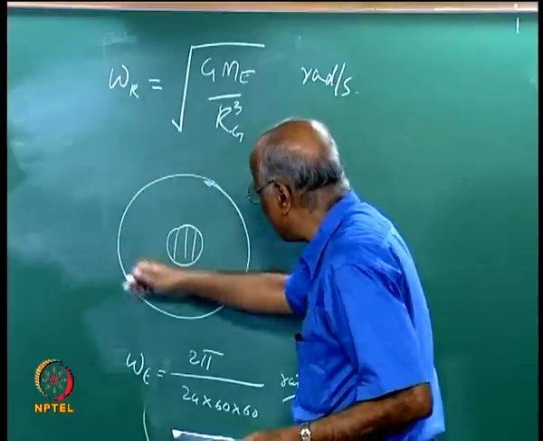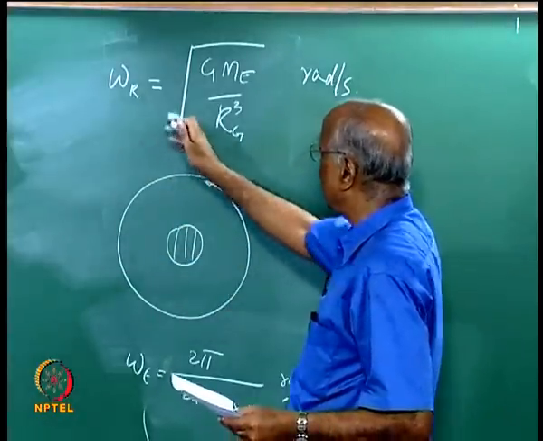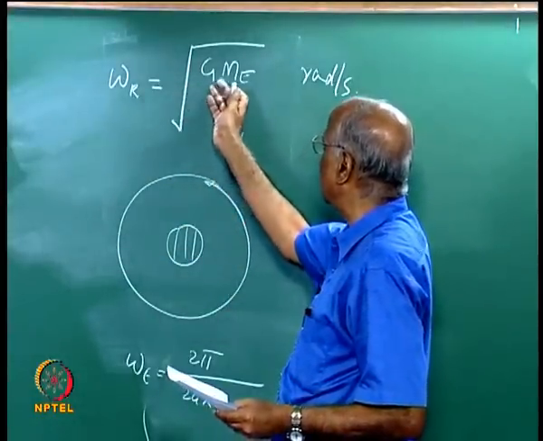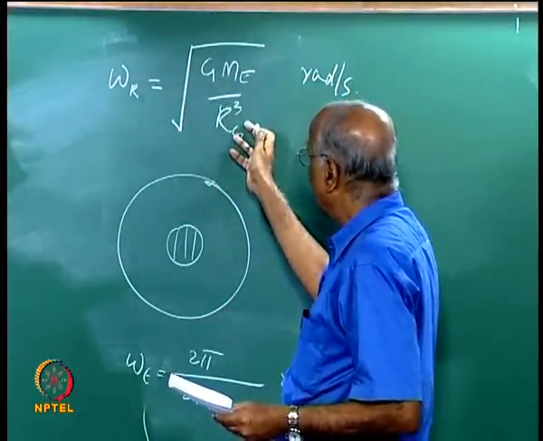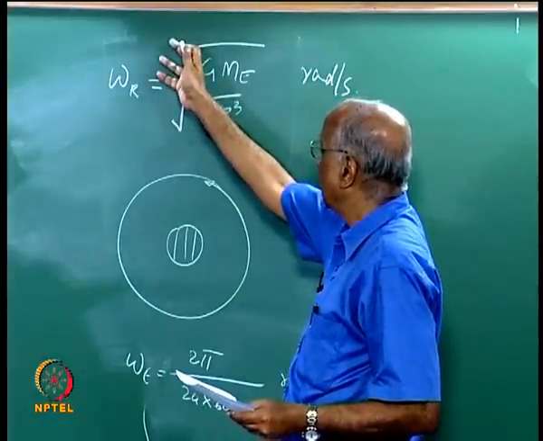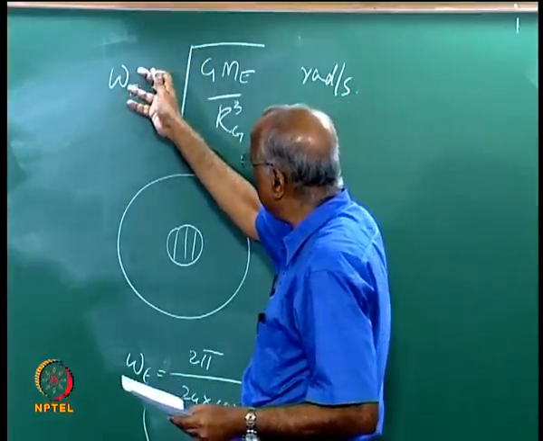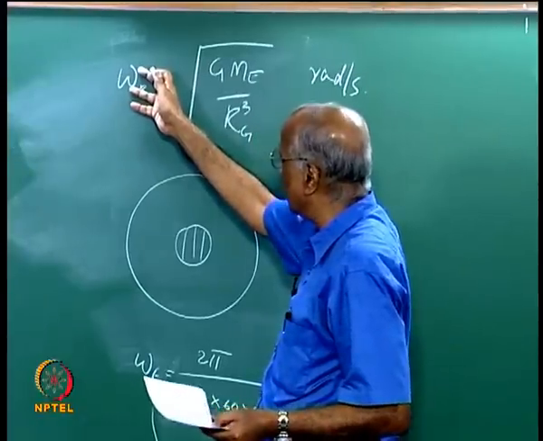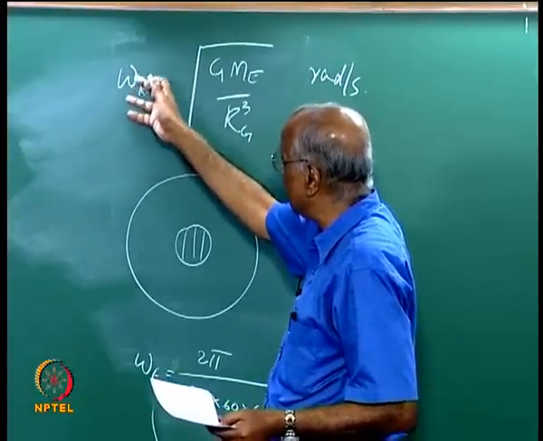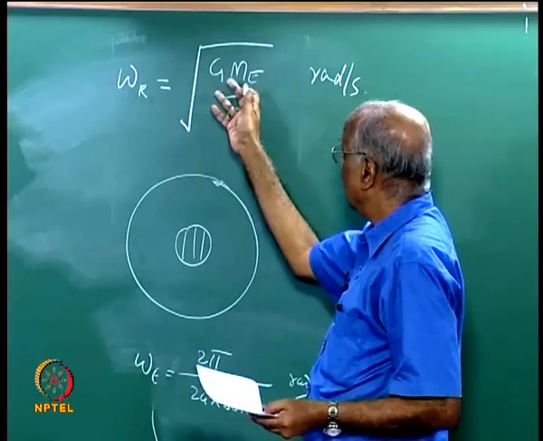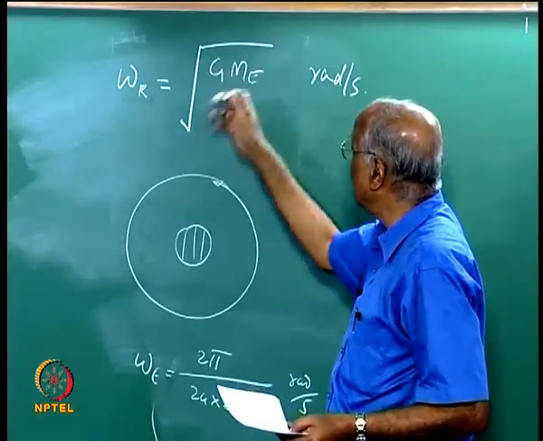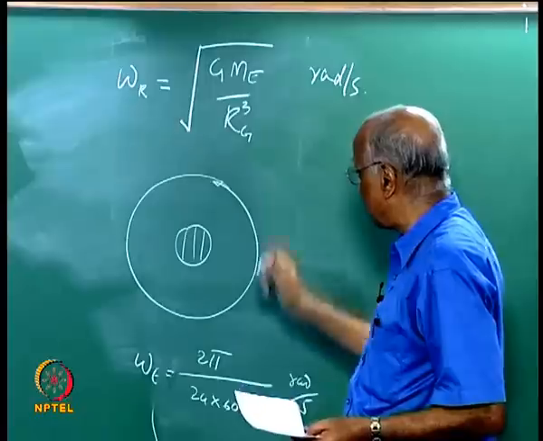I tell myself, yes, I have the earth here, I want to find out the period of rotation or the angular velocity of rotation. The angular velocity of rotation we derived as equal to the square root of g me by rg cube. In fact, we put m omega square r, the pseudo force, and we said it is balanced by the attraction due to the earth, and that is where we got this expression.